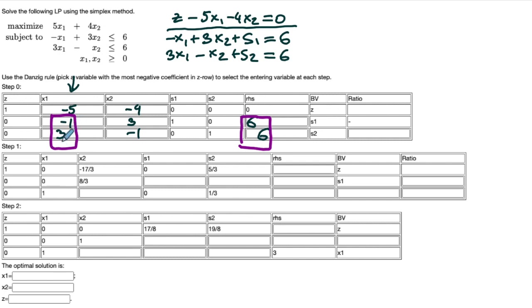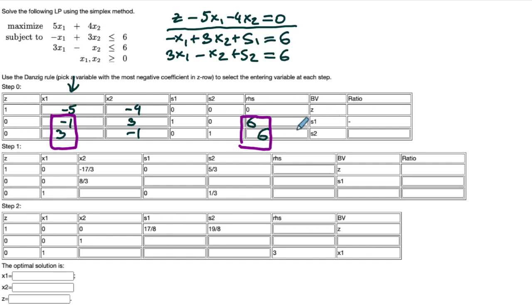There is only one such entry in the entering column. So the ratio test doesn't apply to the first row, and the physical meaning of this is that because the first row doesn't restrict the increase in the value of x1, we can push it to plus infinity without violating the first constraint, but we would violate the second constraint at some point.